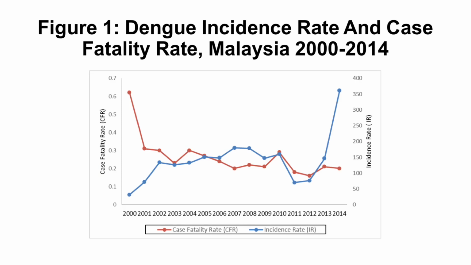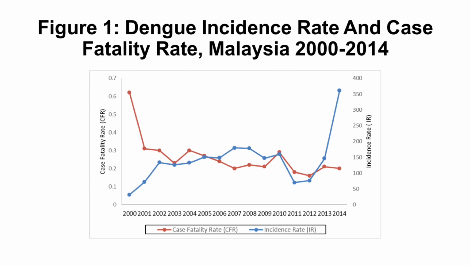So yes, this is figure 1, showing the dengue incident rate and case fatality rate in Malaysia from 2000 to 2014. The blue line indicates the incident rate, and you can see that from 2000 to 2014, the graph shows an increasing number of patients having dengue.